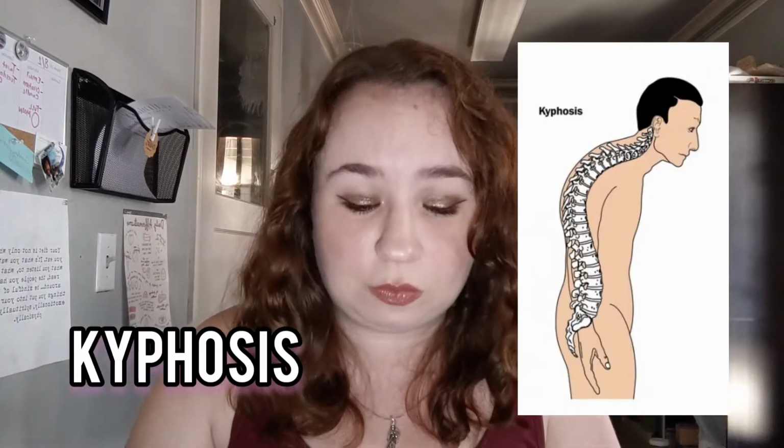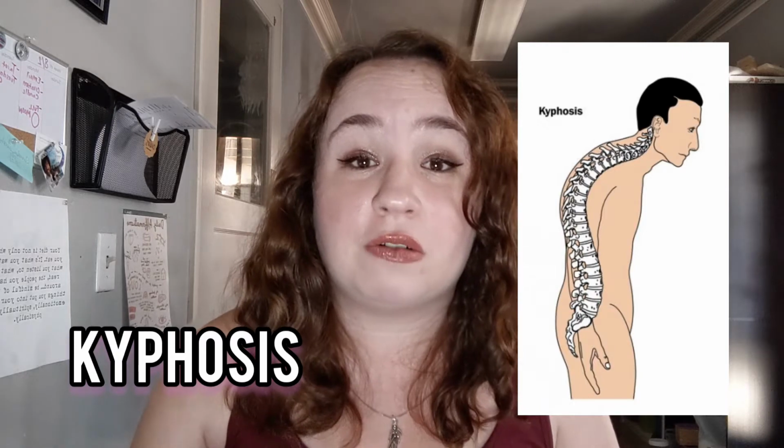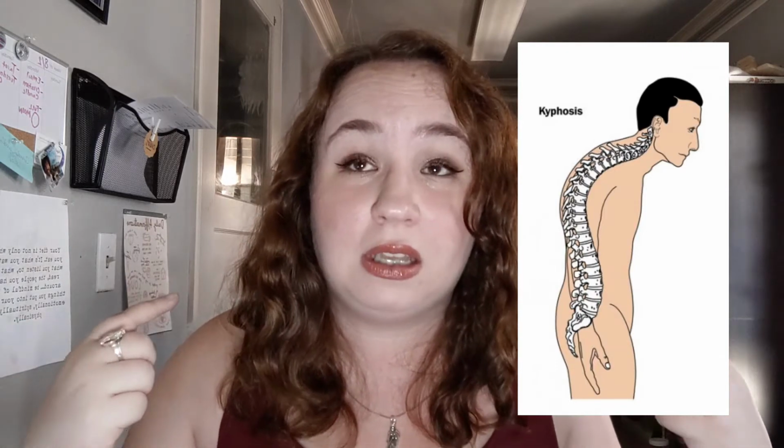And then there's kyphosis, which is a curve in your upper back. This is usually called humpback, although we're not going to call it that because we're professional here, okay? It is kyphosis. If you see somebody with a humpback, it is kyphosis, all right? Don't be mean.